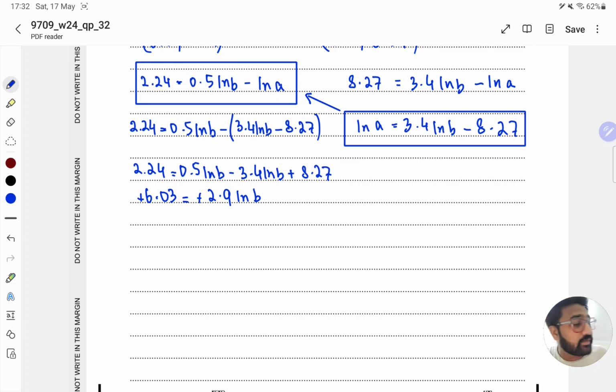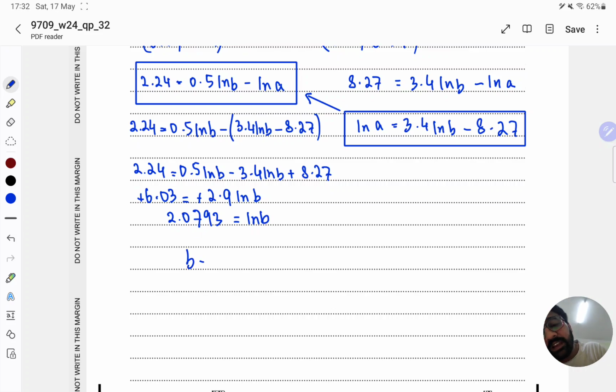Now it is going to be 6.03 divided by 2.9, which will be 2.0793, which will be equal to ln b. Now we'll take the antilog, shift ln, that is going to be the antilog of this answer, that is going to be 7.9989.